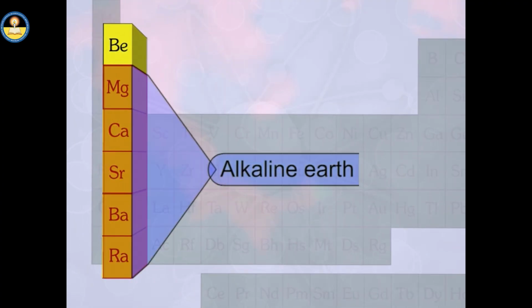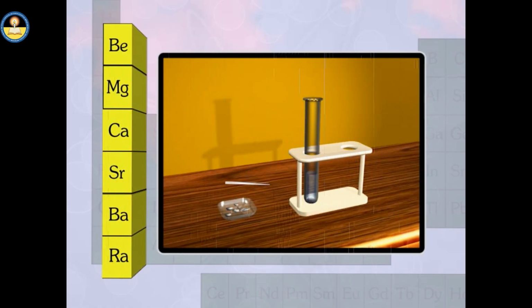With the exception of beryllium, they are known as alkaline earth metals. Beryllium shows anomalous behavior compared to the rest of this group. The oxides of these elements are similar to those of alkali metals and dissolve in water to form hydroxides or alkalis.